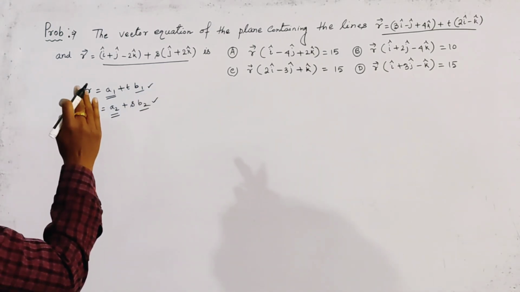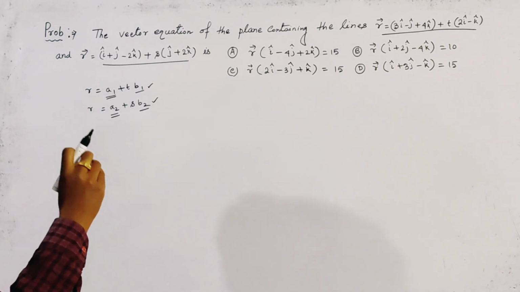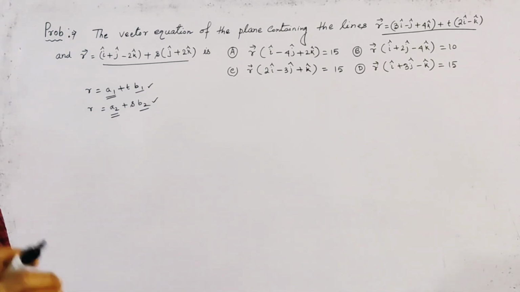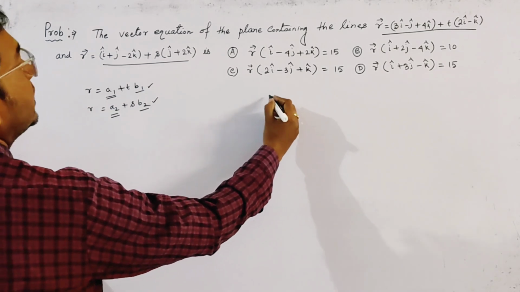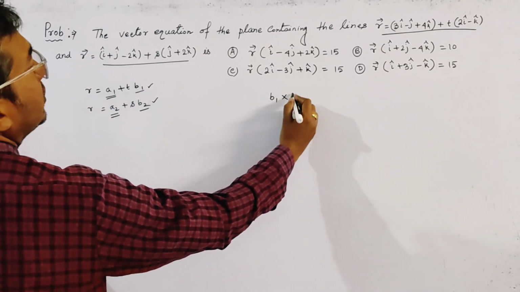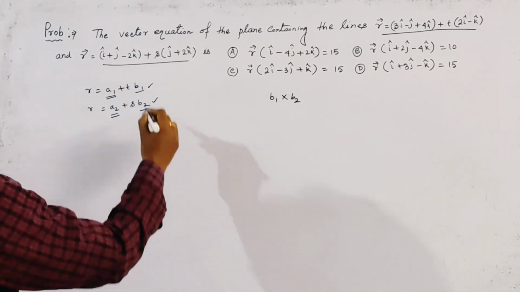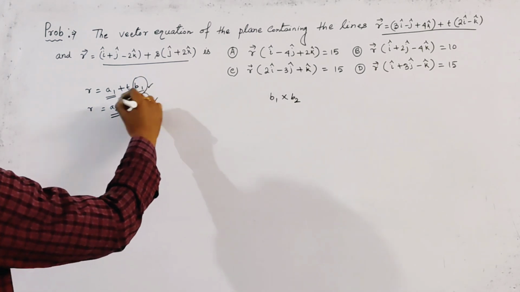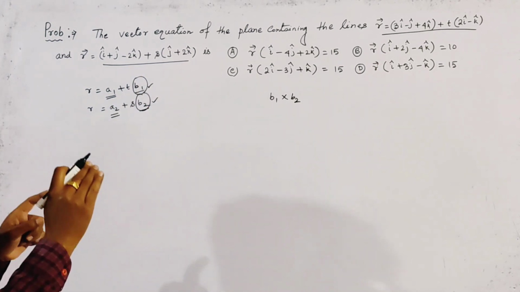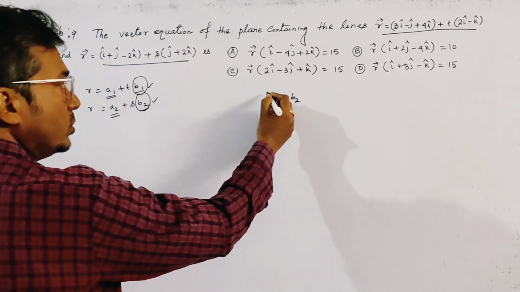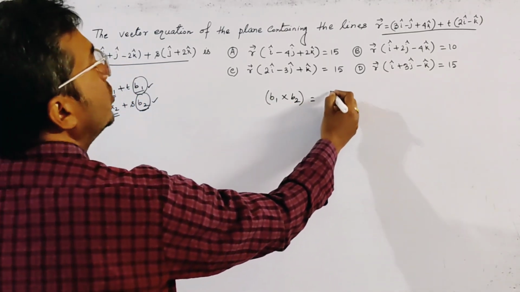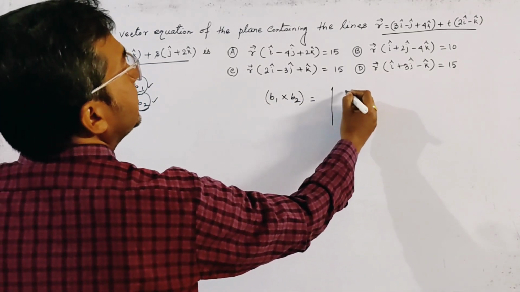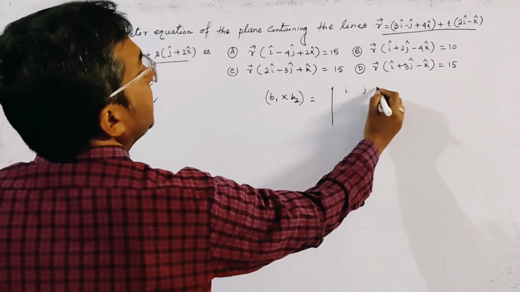To determine the plane, we first have to find the normal to the plane, which is given by the vector B1 cross B2, because these two vectors are parallel to the required plane. To find the cross product of B1 and B2, we get a determinant i, j, k.